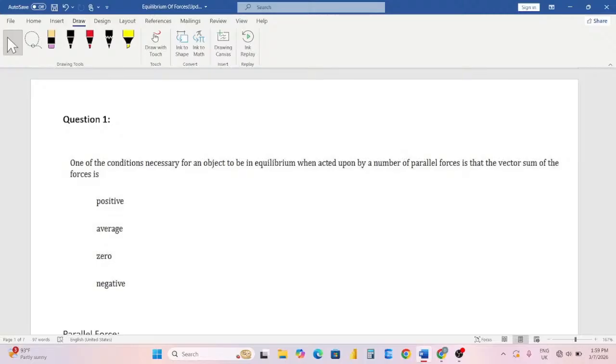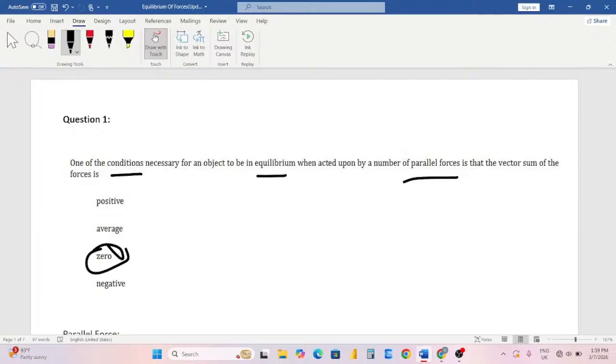So this question assesses whether we understand the background of equilibrium, and it says one of the conditions necessary for an object to be in equilibrium when acted upon by a number of parallel forces is that the vector sum of the forces is, so based on the first condition, the total force acting on an object in equilibrium is equal to what? 0. So our answer is what?